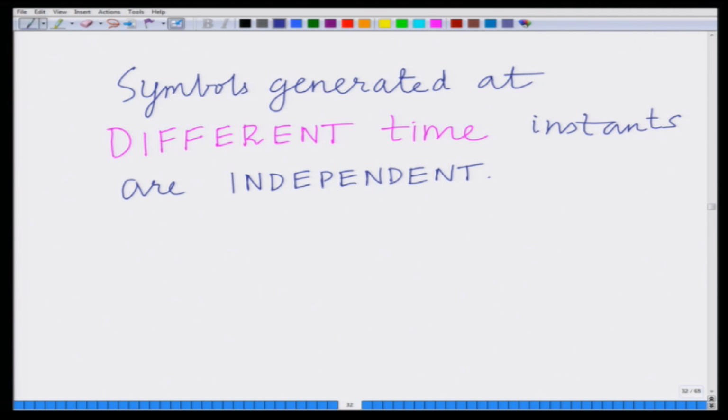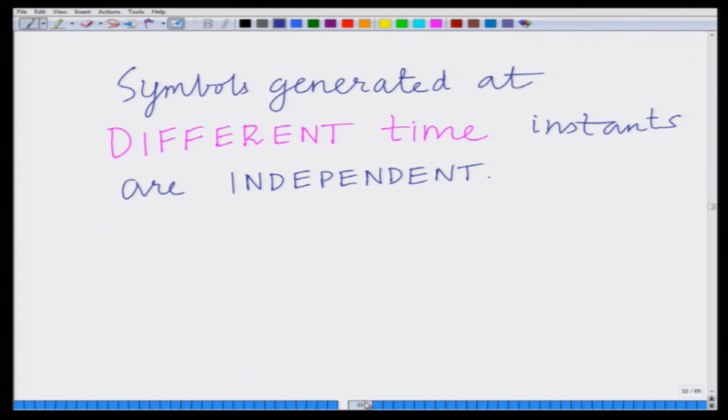The symbols that are generated at different time instants in a digital communication or wireless communication system are frequently independent. I am not saying this is always the case, but frequently the successive information symbols, or the successive digital modulation symbols generated by a communication system, are independent. So, let us see what this means.